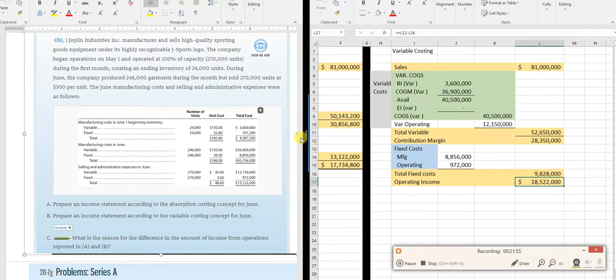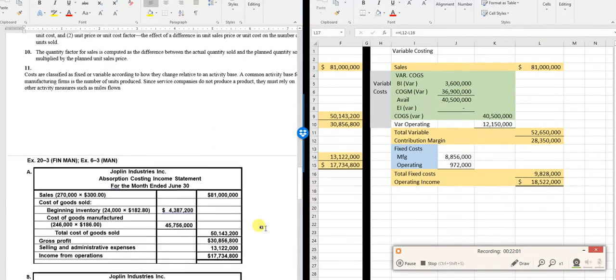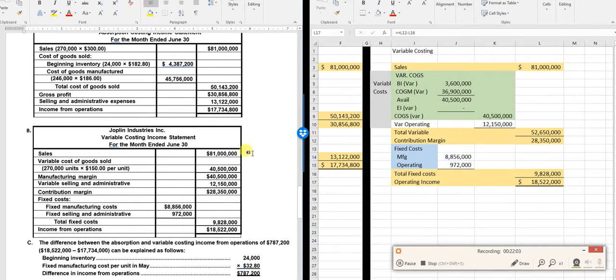Okay. So now the question is, let me show you their solution. Okay, so they have the 81,000 or 81 million variable cost of goods sold. They just took the shortcut method, 40,500, 40,500. They have manufacturing margin. I should have added that in there to subtotal after that for manufacturing margin.